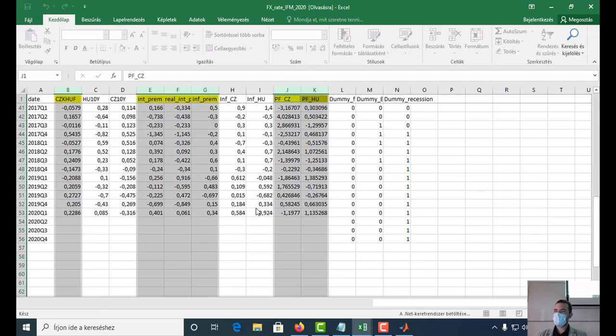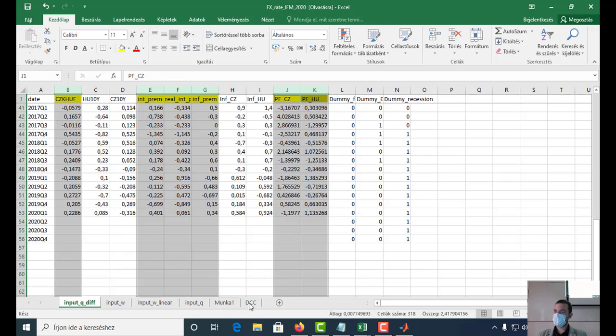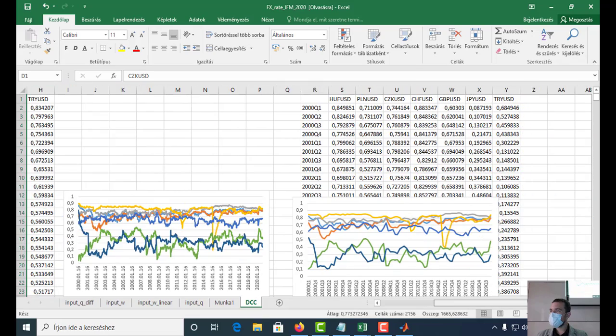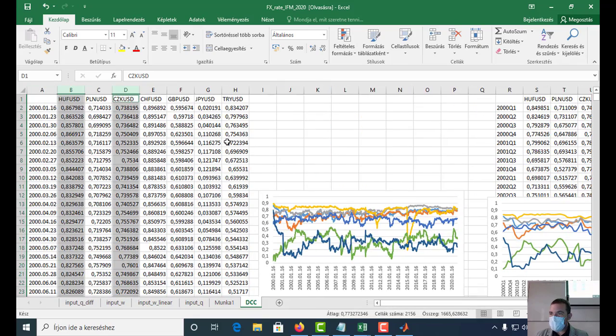We did it last week when we were playing with forecasting, but there is also this dynamic conditional correlation data, so it was calculated between different regional currencies, or not even regional, because there are the Japanese yen, Turkish lira, British pounds, and so on. And there is no euro. Oh, come on, I forgot to include the euro here.